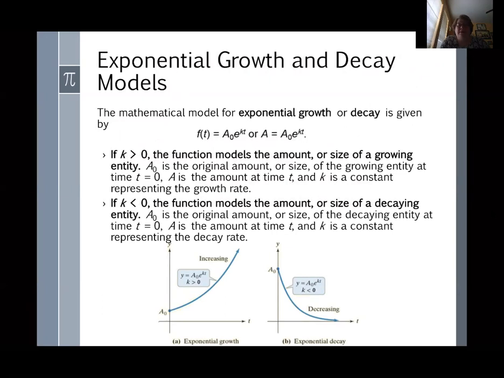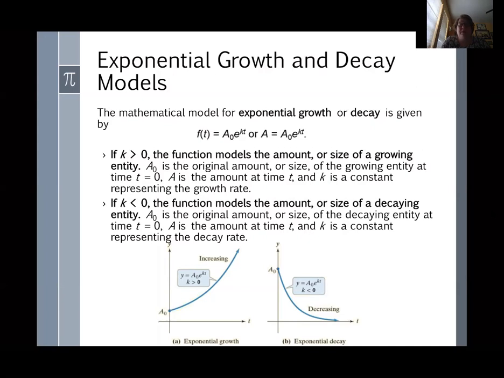If k is greater than 0, so it is a positive number, the function models the amount or size of a growing entity. A sub 0 is the original amount or size of the growing entity at time t equals 0. So A sub 0 is the amount of this quantity that you begin with. A is the amount at time t, and k is the constant representing the growth rate.